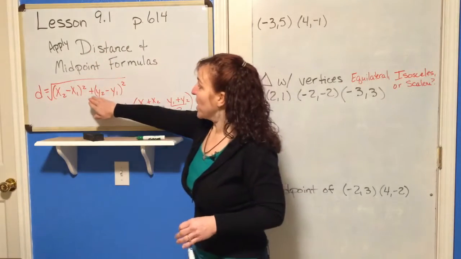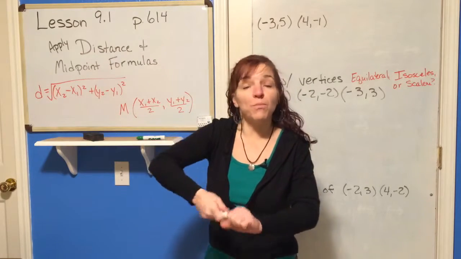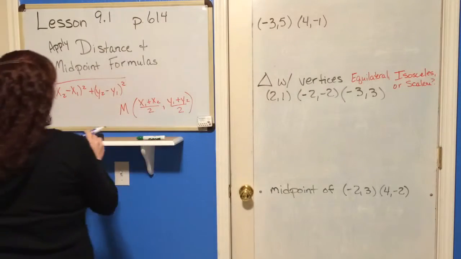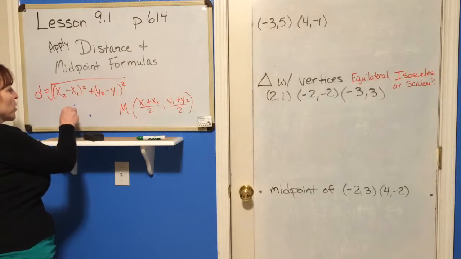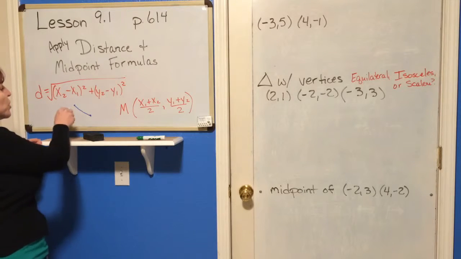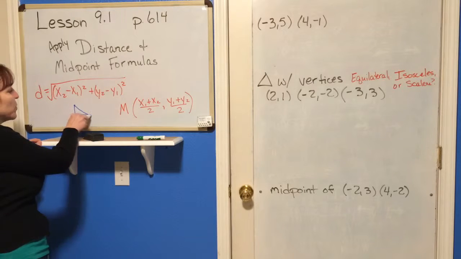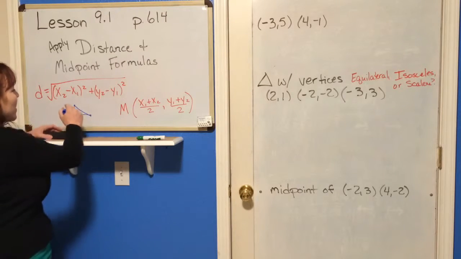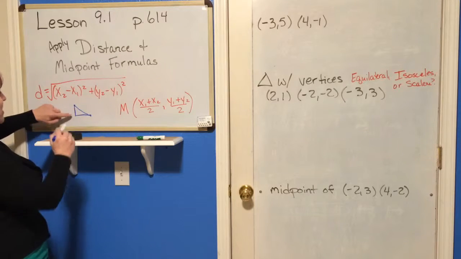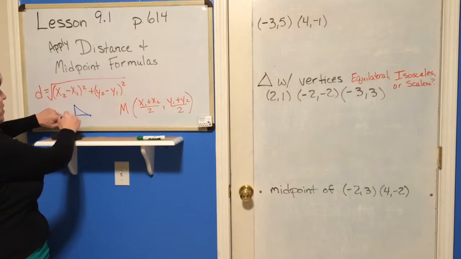Where that comes from, this is coming from the Pythagorean theorem. So if you've got a point here and a point here, and you're looking for this distance, what you can do is create a right triangle, and the distance between the x's is here, and the distance between the y's is here.